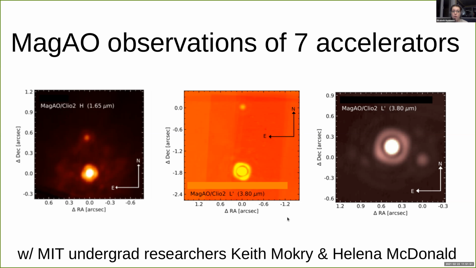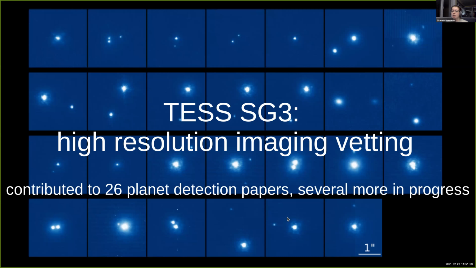I just want to very quickly throw up one slide completely unrelated to anything that I've talked about today. The other half of my work, I've also been thinking about vetting some of the TESS objects. So what I'm showing in this slide is a gallery of several of the TOIs that we've actually determined to be binary or even higher order multiples. So this is a very heterogeneous set.